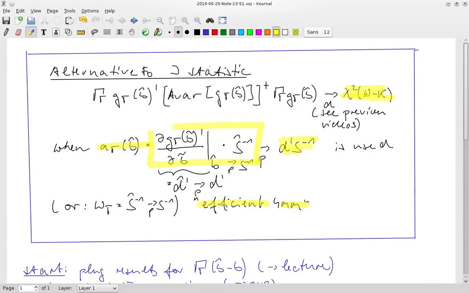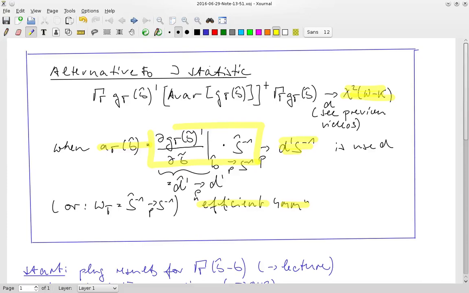Okay, we had this in the lecture. Now, if you choose to perform such a GMM estimation, use this weighting, then you may also resort to another form of the J statistic, an alternative to it, which also happens to be chi-square distributed with the same degrees of freedom, but with a derivation that differs from the quadratic form that we see up there.